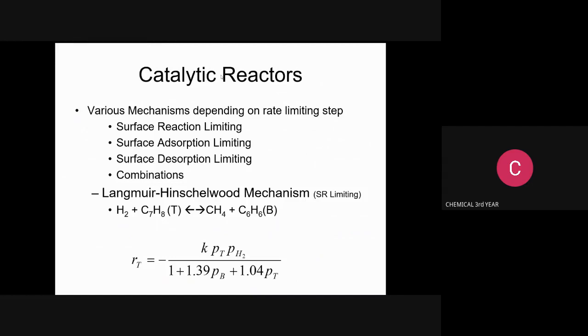There are four mechanisms here for the catalytic reactor. The first one is surface reaction limiting, and the surface adsorption limiting. The next one is surface desorption limiting. The final one is combination. Okay.